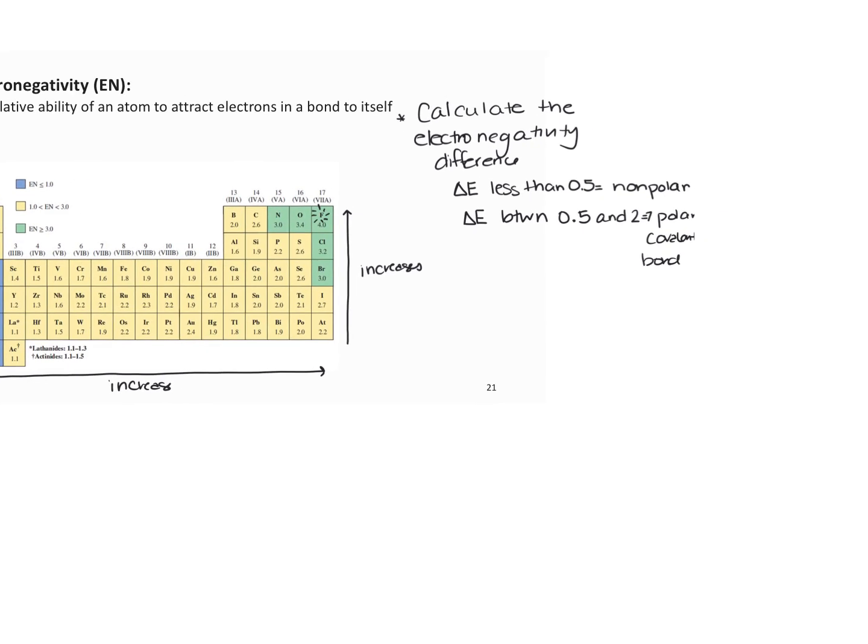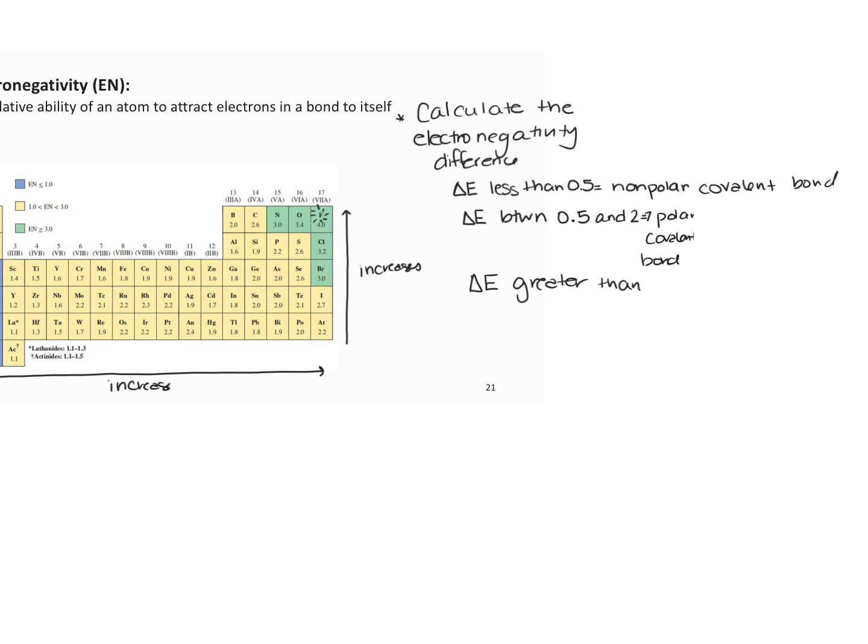And let me go back and clarify. The first one is a nonpolar covalent bond as well. And then if the delta E is greater than 2, that's considered ionic. So you look at these for the different bonds.